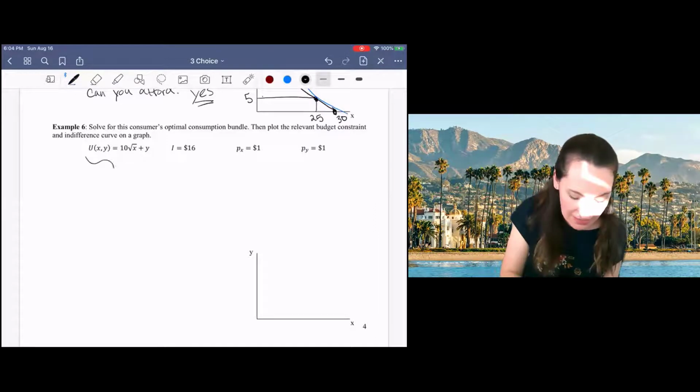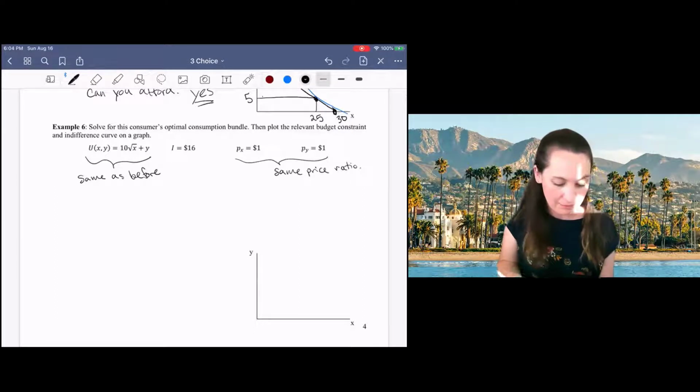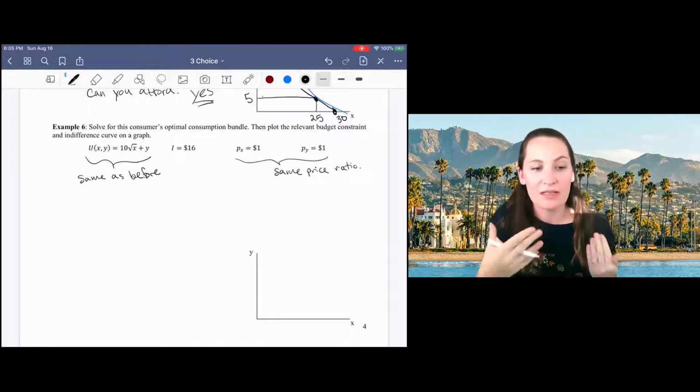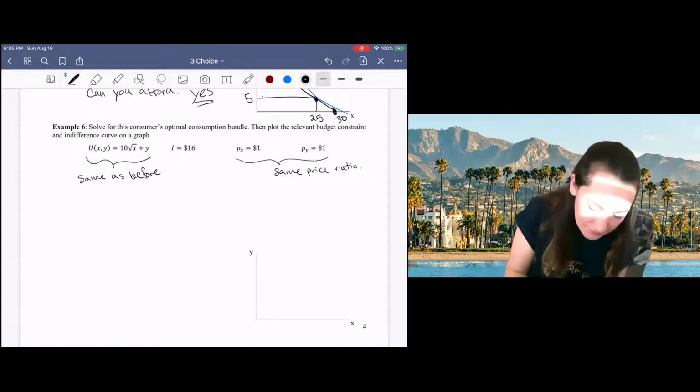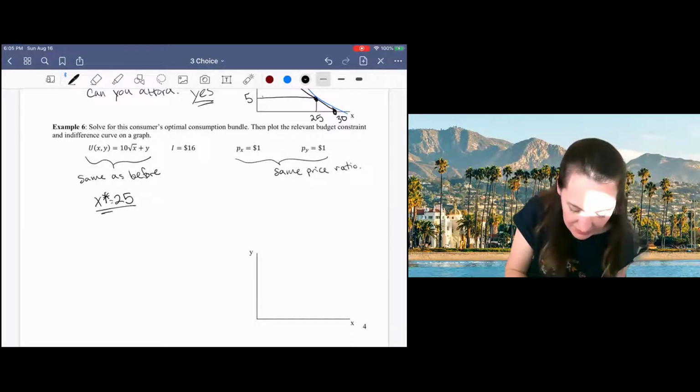Because we have the same utility as before, and the same price ratio, I'm going to get the same optimality condition. The only difference here is income. So again, I'm going to get this function that tells me that my optimal amount of x is 25 units.